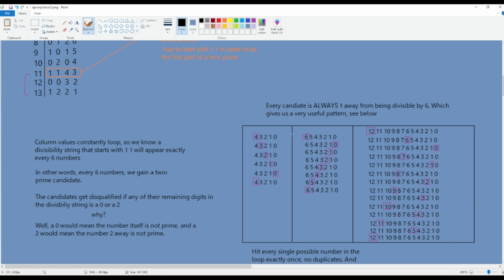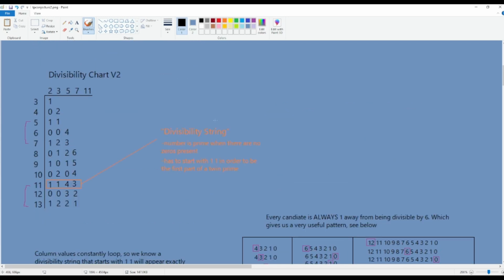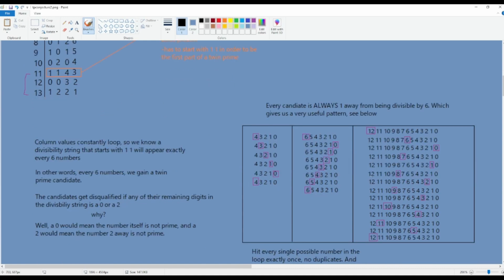Now there's an interesting phenomenon with how these numbers loop. And it's because every candidate is always 1 away from being divisible by 6, right? Because you're starting at 5, which is 1 away from 6, but you're adding 6 to get to the next candidate, which is 11, and now you're 1 away from being divisible by 6 again. So what happens when you're checking every 6 numbers?